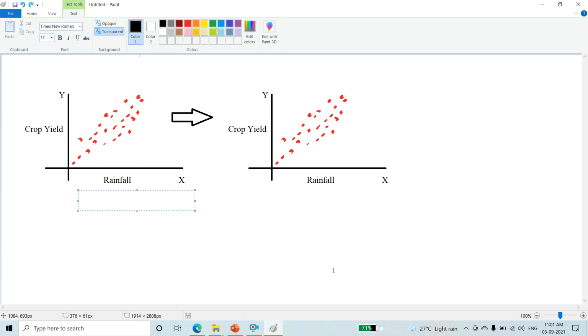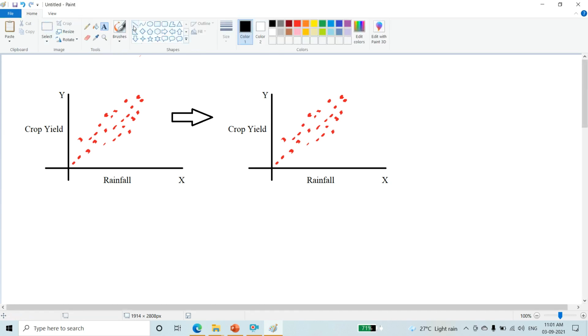So this is our data set, and I am drawing one line through the middle of the data.